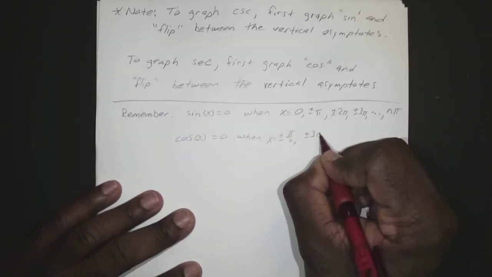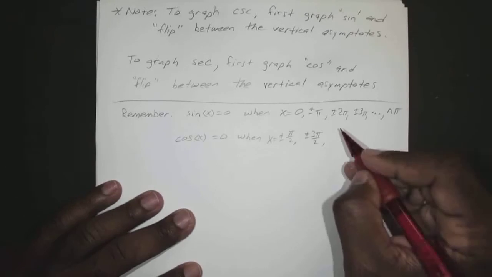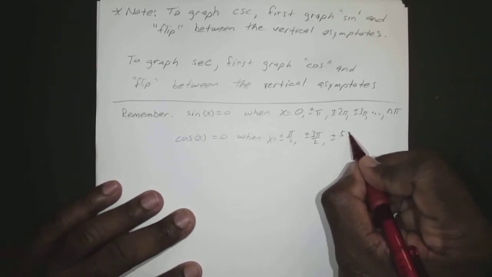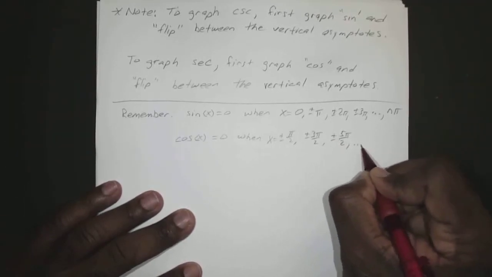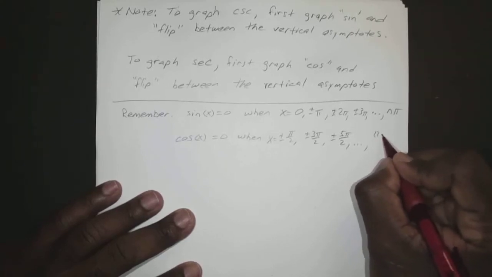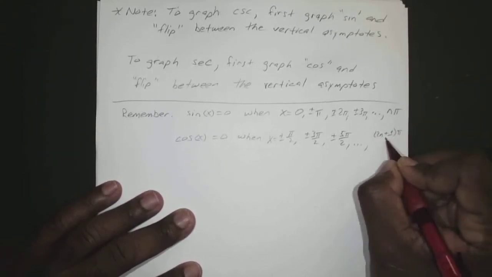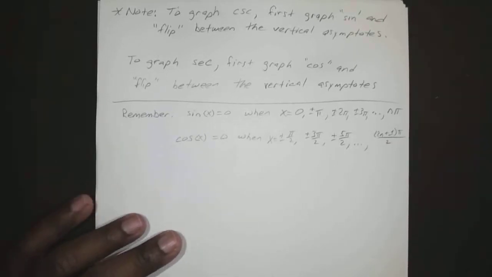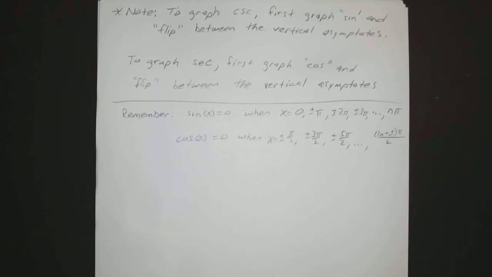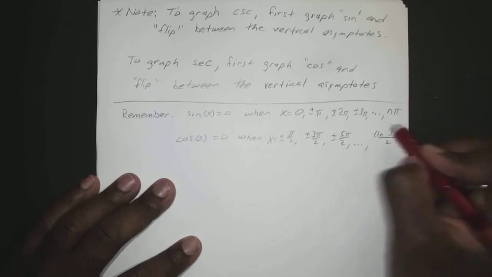Positive or negative 3 pi over 2, positive or negative 5 pi over 2, and it keeps on going to some 2n plus 1 times pi over 2, or 2n minus 1. 2n minus 1 works better.